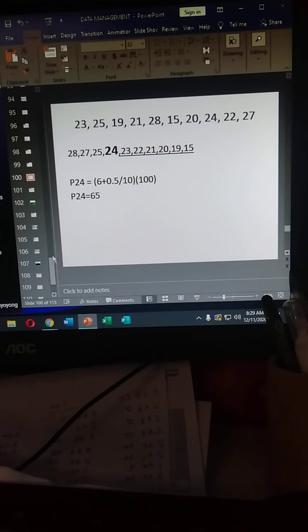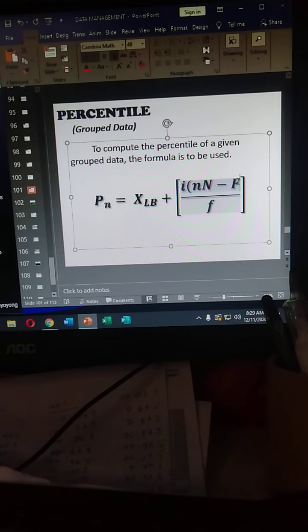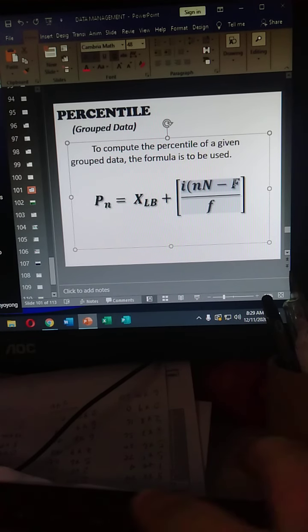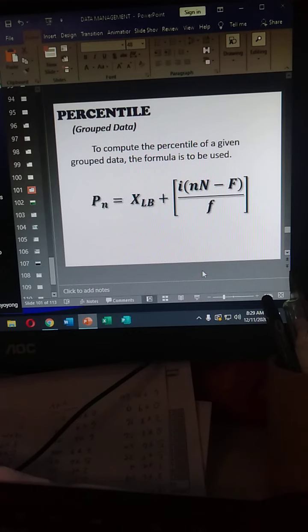Okay, now let's proceed. Madami pang slide. We have 13 more slides. This is the formula for percentile. Percentile ng group data.